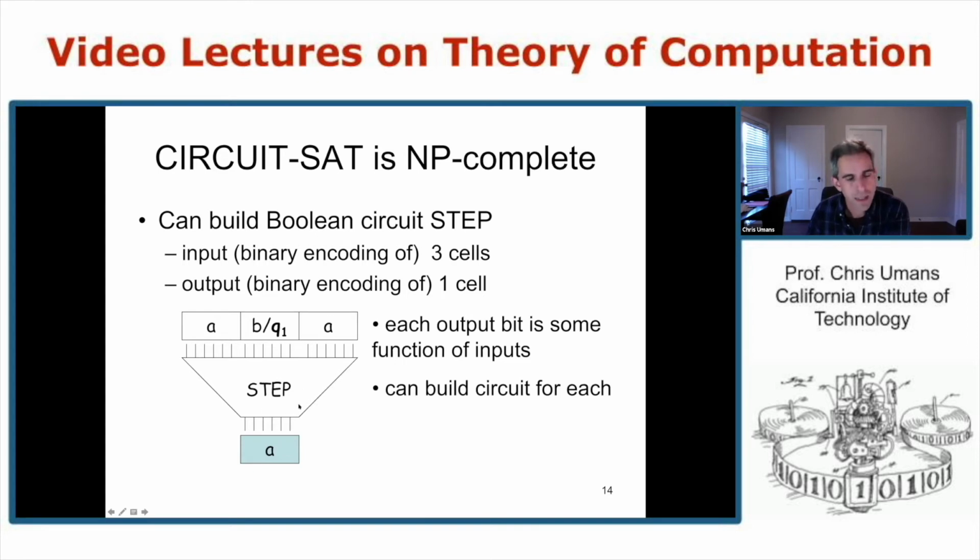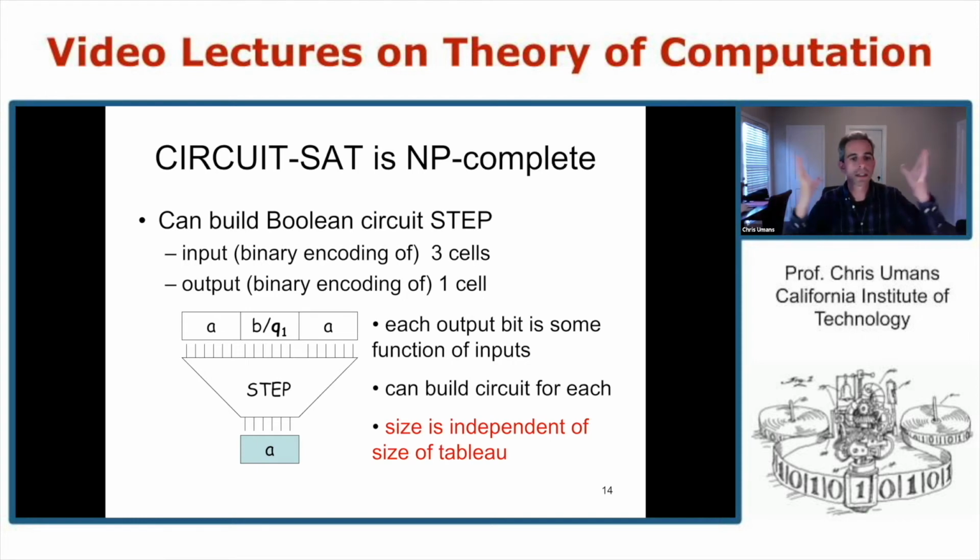And the key thing is that because this step function looks at only 3 cells, and the contents of each cell is just a symbol from a finite size alphabet, the alphabet of the Turing machine, together with one of the states, and there's a finite number of states, the size of the step circuit is independent of the size of the tableau. The tableau may be enormous. The step circuit has a fixed size that depends only on the Turing machine.